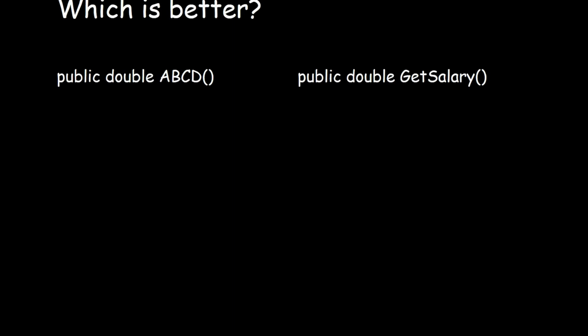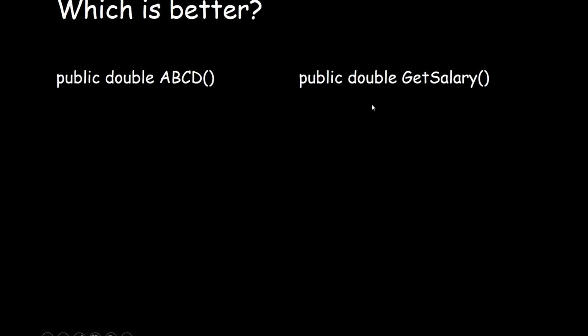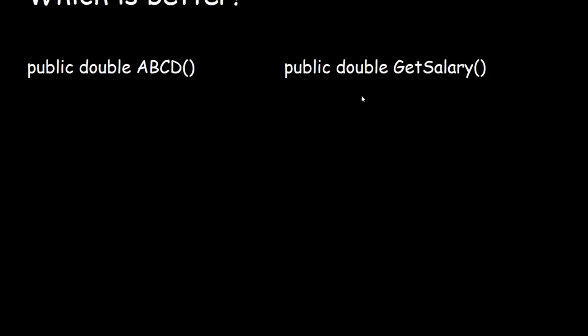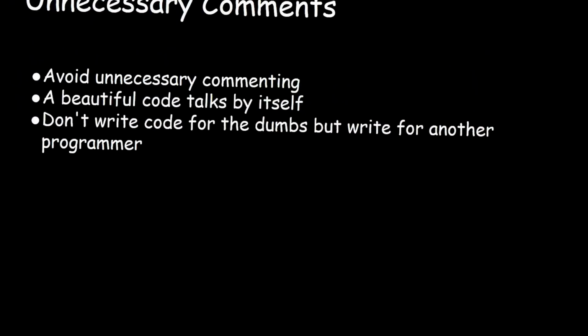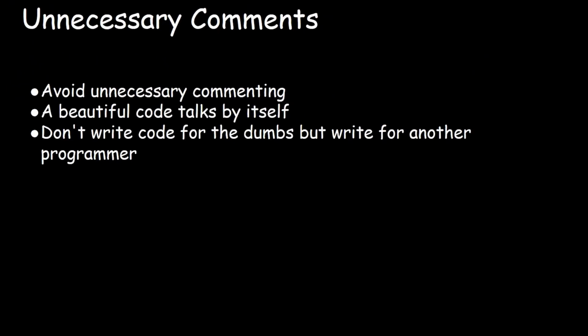Next, the method ABCD doesn't say anything to us, but getSalary is saying that the method implementation inside this method body will return us the salary. So naming is very important.